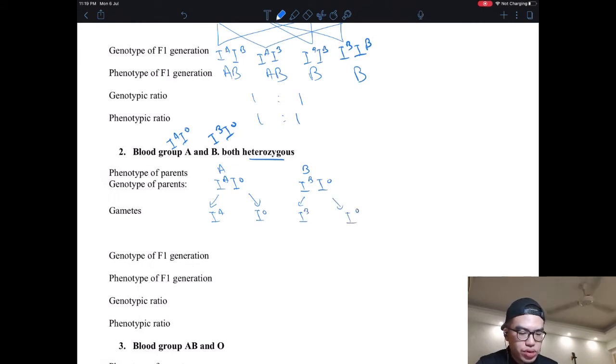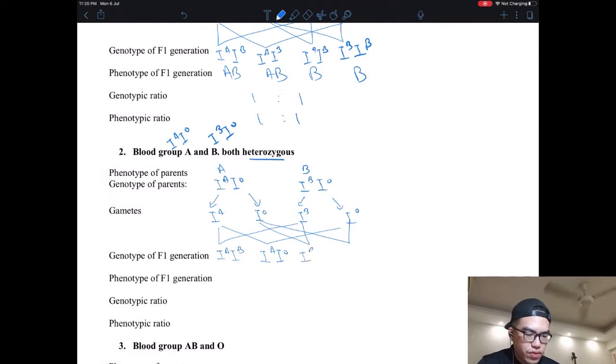So 1, 3, 1, 4, 2, 3, 2, 4. The first one is IA, IB. Second one, IA, IO. Third, IBIO. Fourth, IO, IO. So the children are AB, A, B, and O.